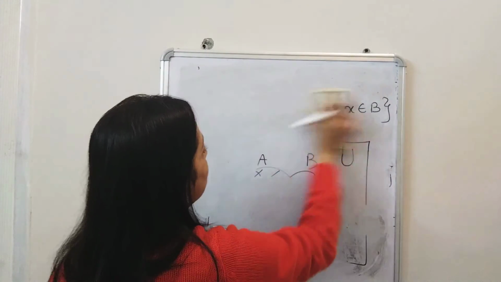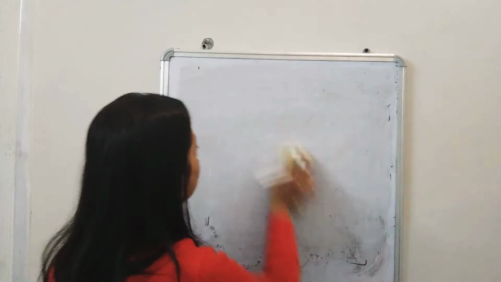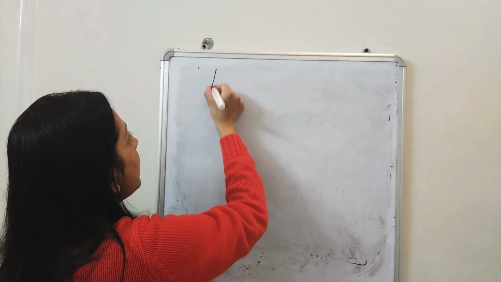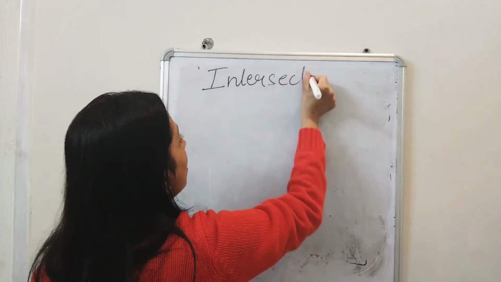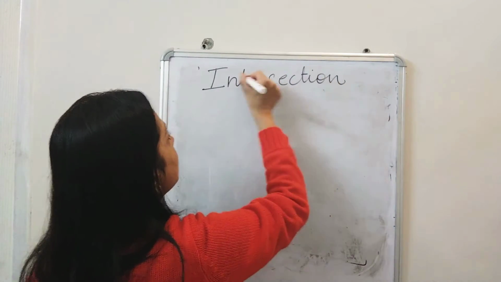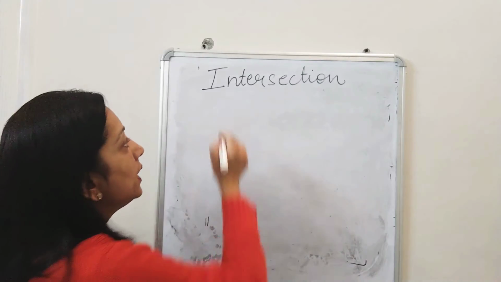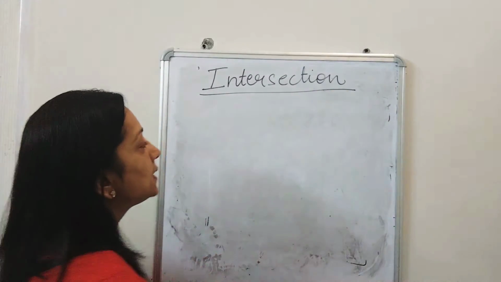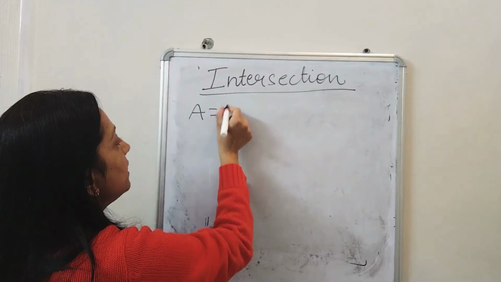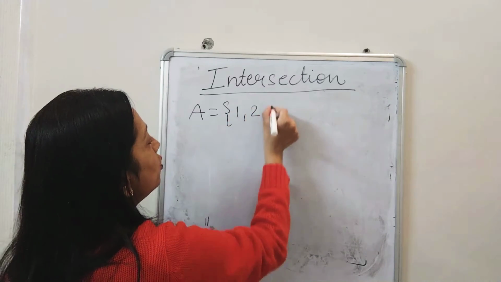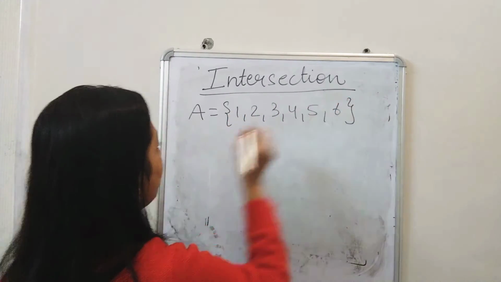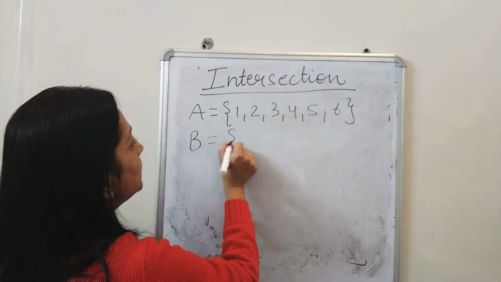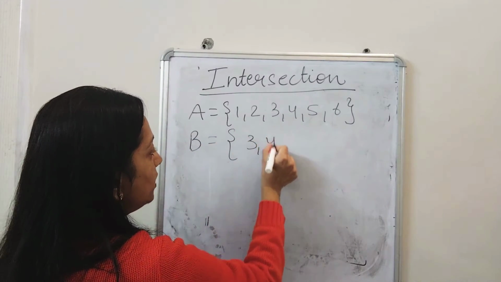Now the next operation on sets is intersection. When I say the intersection of two sets, again I will take the same example, 1, 2, 3, 4, 5, 6 and set B contains elements 3 and 4.